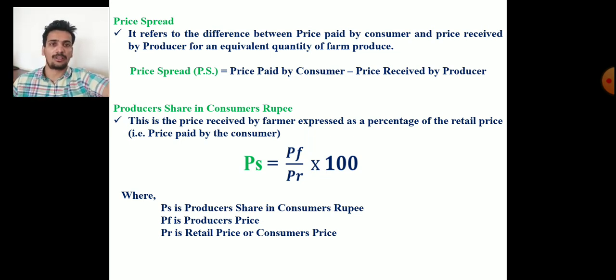The formula is PS equals PF divided by PR into 100. What is PS? PS, capital P small s, is the producer's share in the consumer's rupee. PF is the producer's price, or price received by the producer, and PR is the retail price, meaning the price paid by the consumer, into 100. You will get the producer's share in the consumer's rupee.